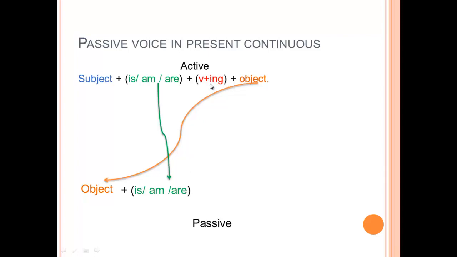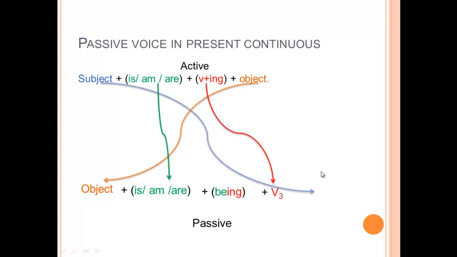As for the ing, I can't ignore it because it's continuous, so we add being. Okay, and the action itself would be in the past participle form, which is verb 3. As for the subject, if I still want to mention it at the end, I use it after by.